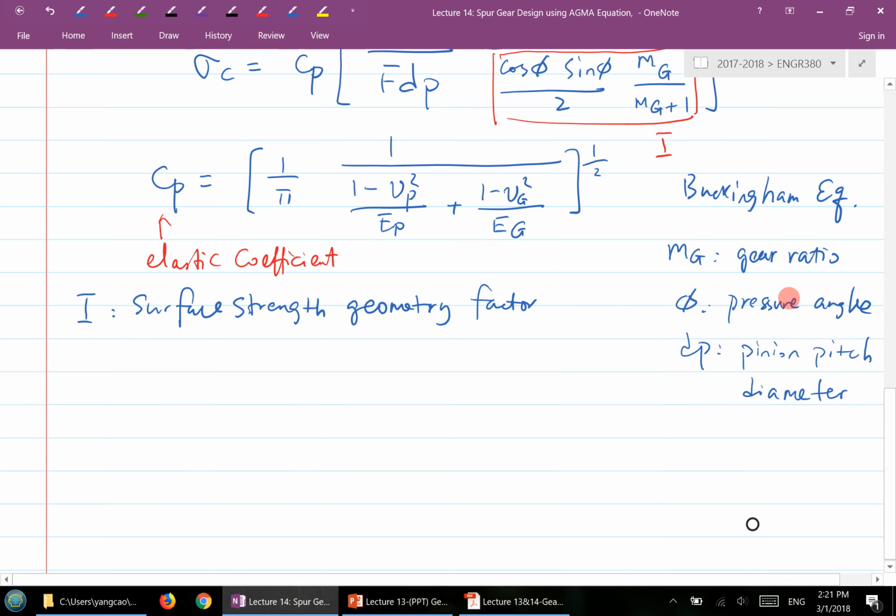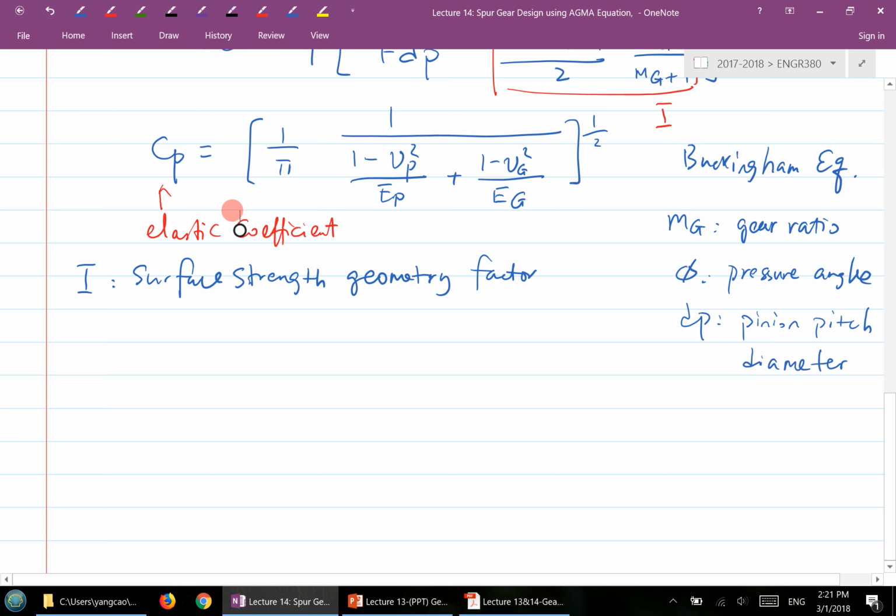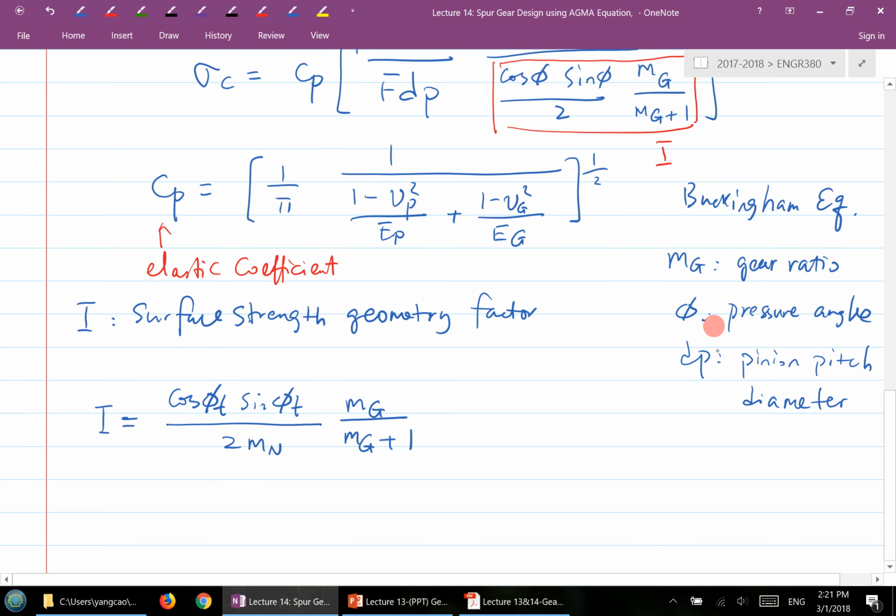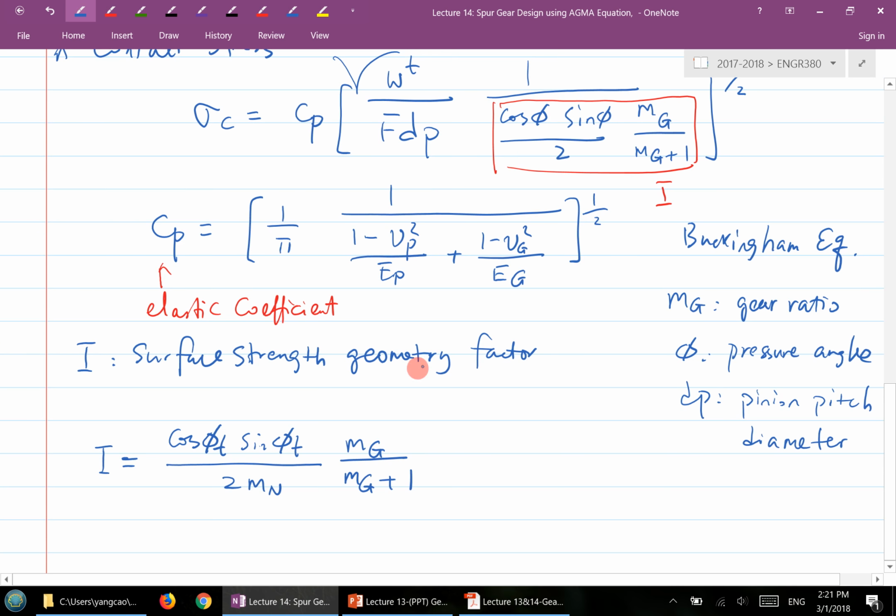So instead of using that equation, I will write a slightly different expression for the I. It's actually not quite a difference. Basically, we'll take helical gear into consideration. So this is the new formula for the I factor, the surface strength geometry factor.